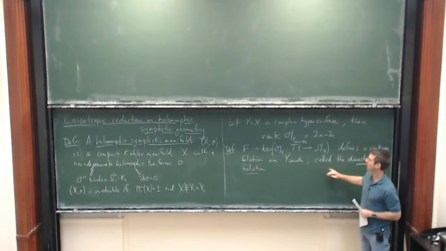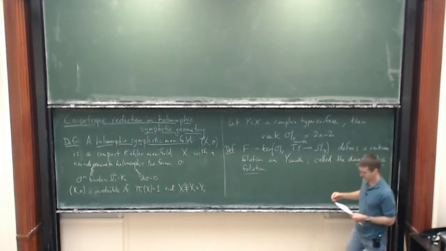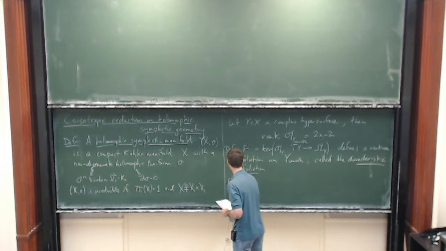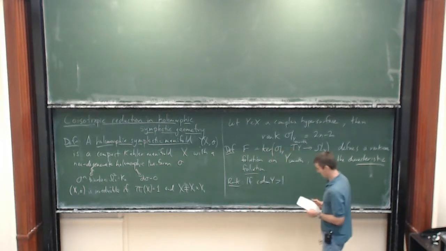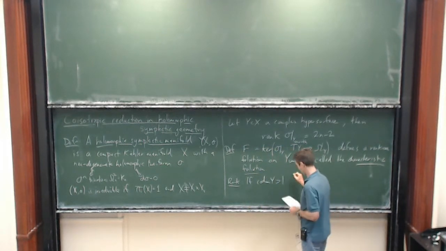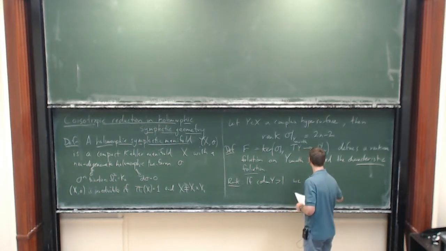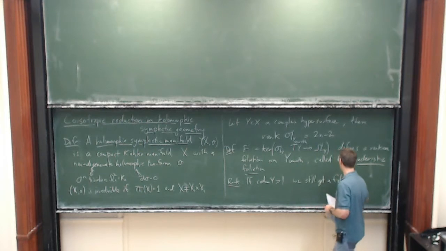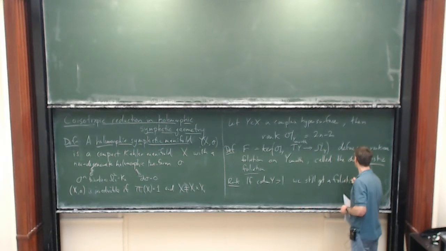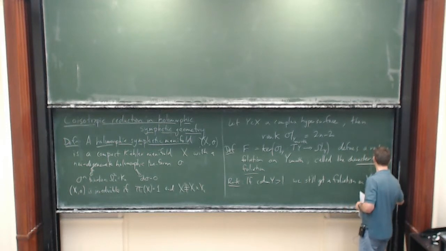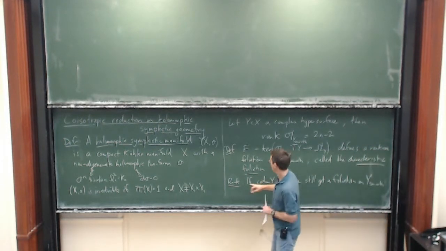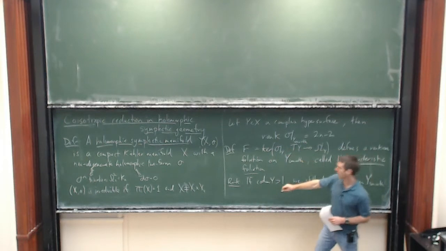You can do something similar for higher codimension submanifolds as well. If the codimension of Y is bigger than 1, then you still get a foliation on the smooth part of Y. And this is because it's the kernel of a closed form.